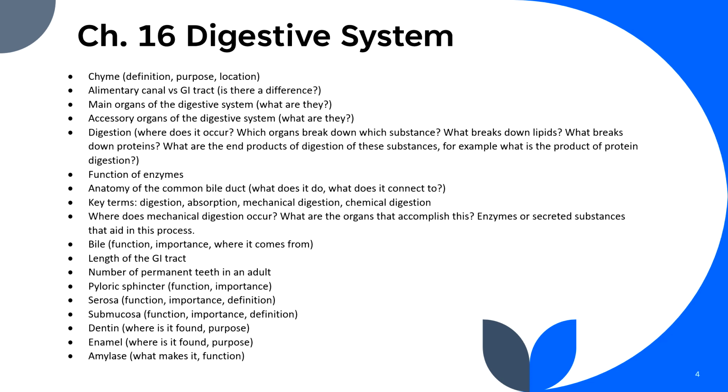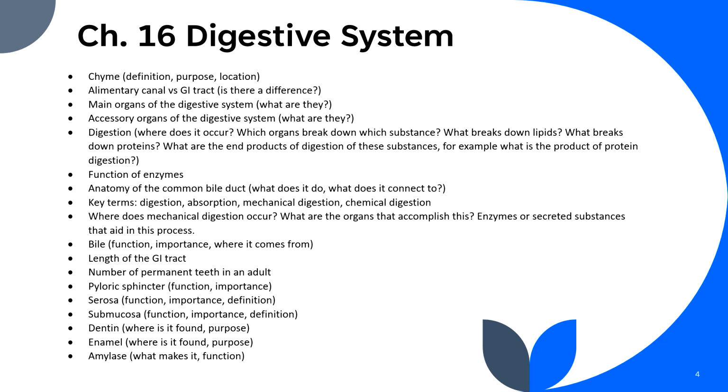Digestion, where does it occur? Which organs break down which substance? What breaks down lipids? What breaks down proteins? What are the end products of digestion of these substances? For example, what is the product of protein digestion? So we know that digestion, and we can see on page 362, occurs within the entire GI tract.